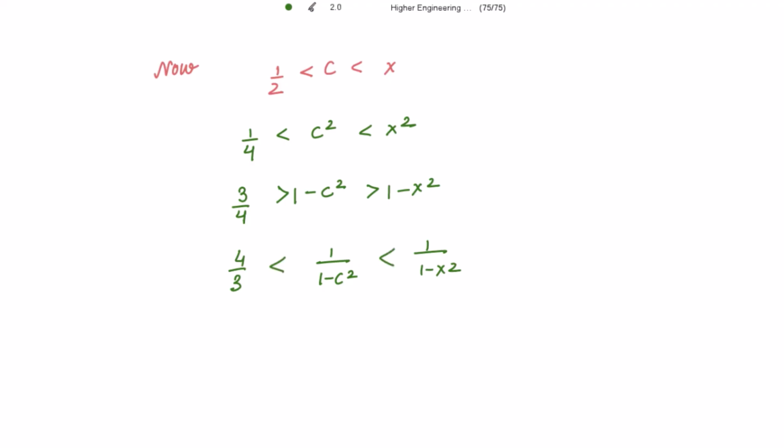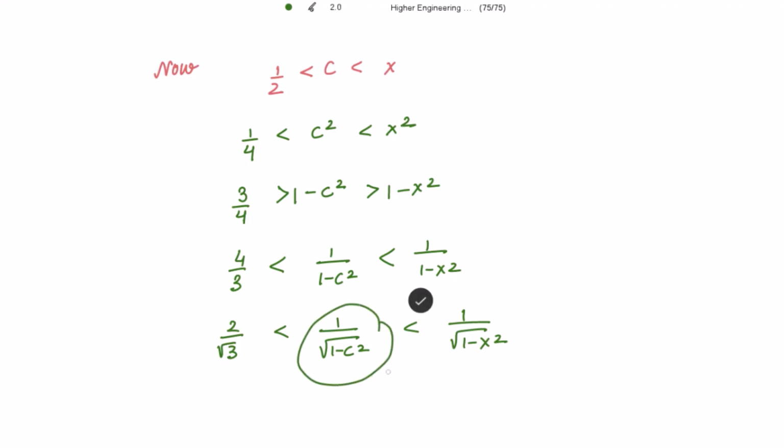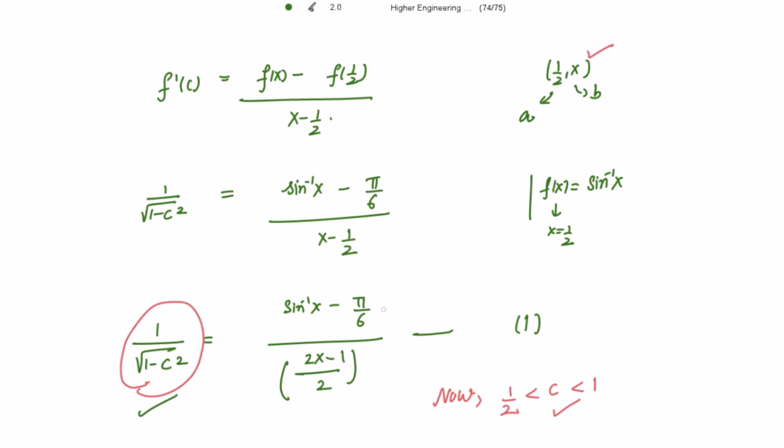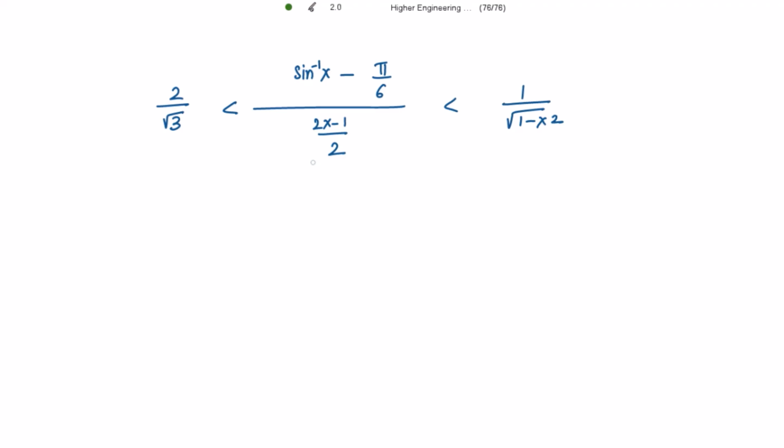Now taking the square root all over, we get 2 divided by square root 3, and here we get 1 divided by square root of 1 minus c squared, and then 1 divided by square root of 1 minus x squared. Just replace this 1 divided by square root of 1 minus c squared with this expression. Let's multiply with 2x minus 1 divided by 2 all over.